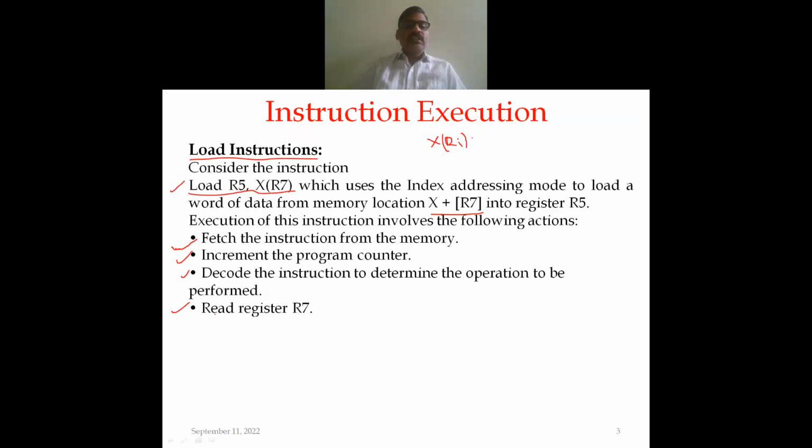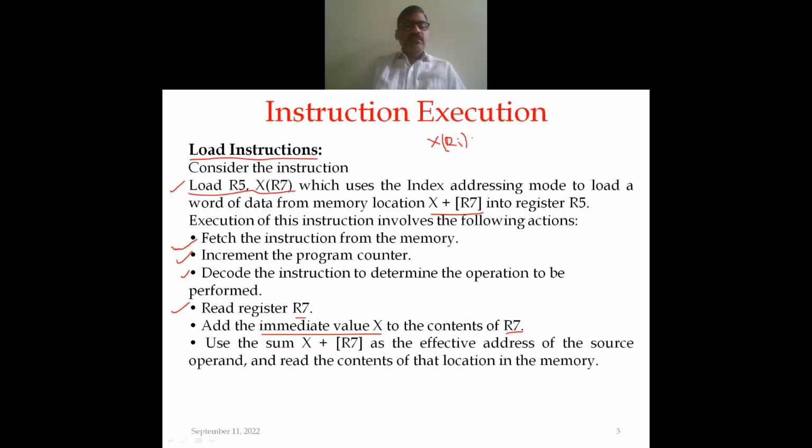Then the fourth step is to read the contents of register R7 and add the immediate value X to the contents of R7 to get the effective address.